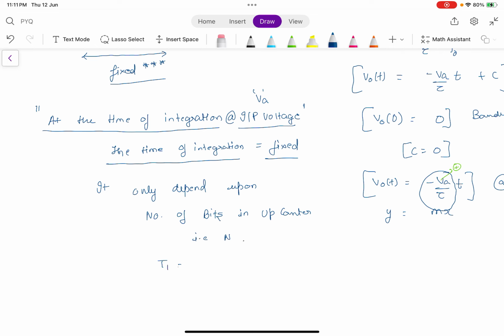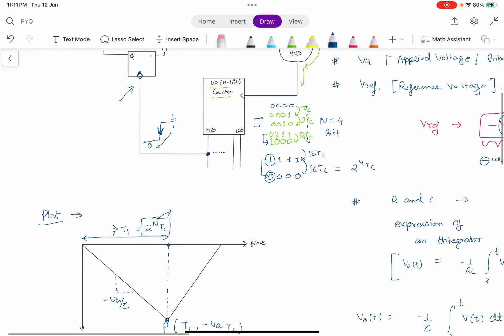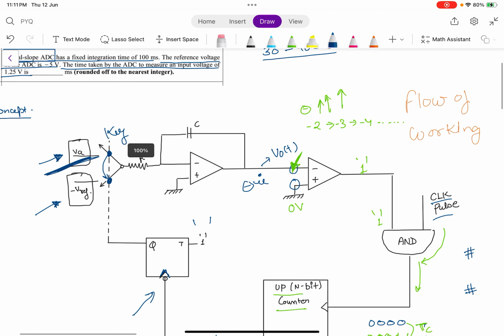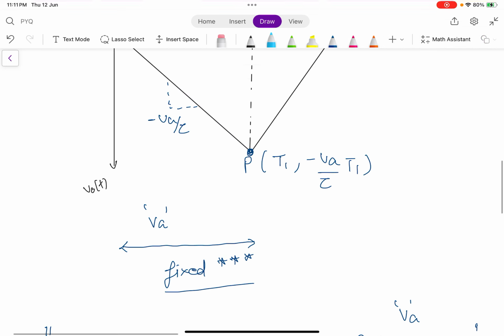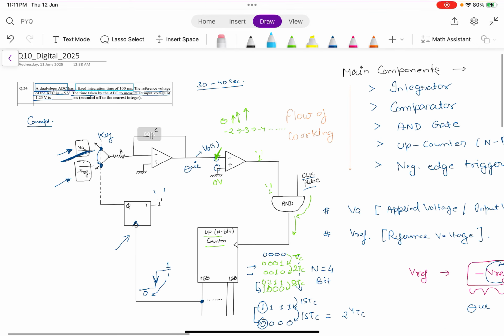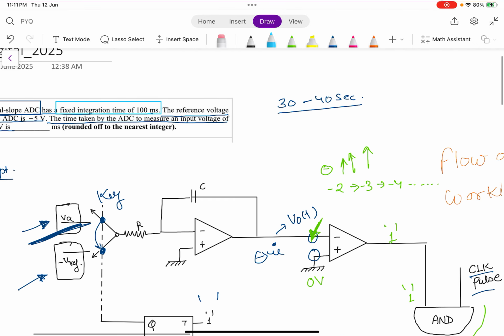That's why T1 is your fixed time, and that's what is known as the integration time when VA is applied. This is also the same as written in your question: fixed integration time of 100 millisecond.